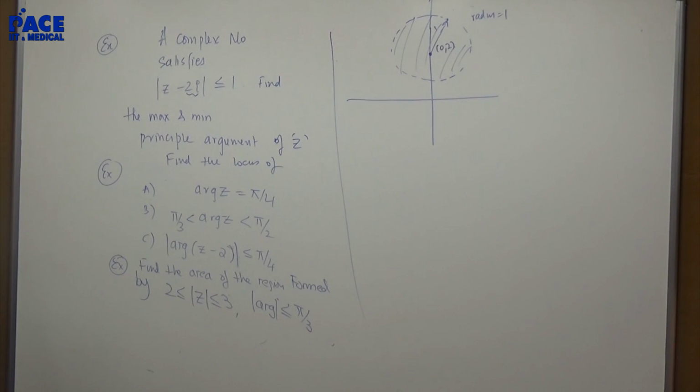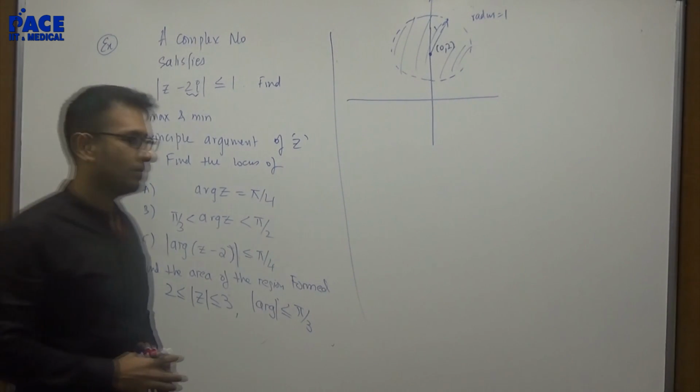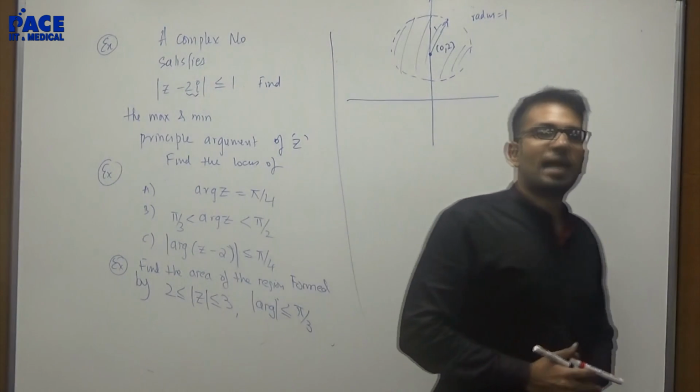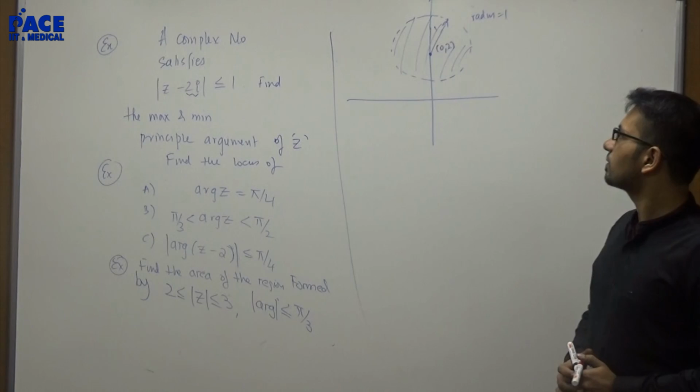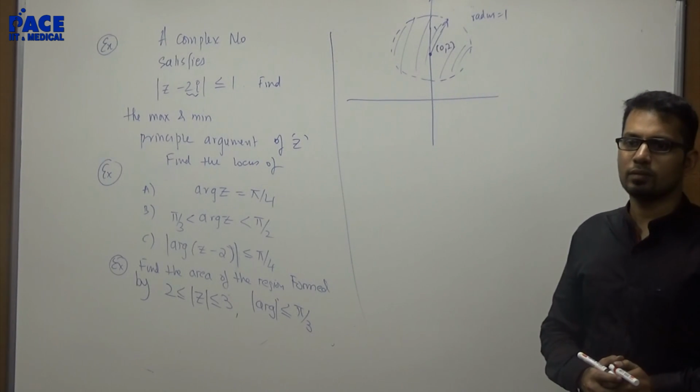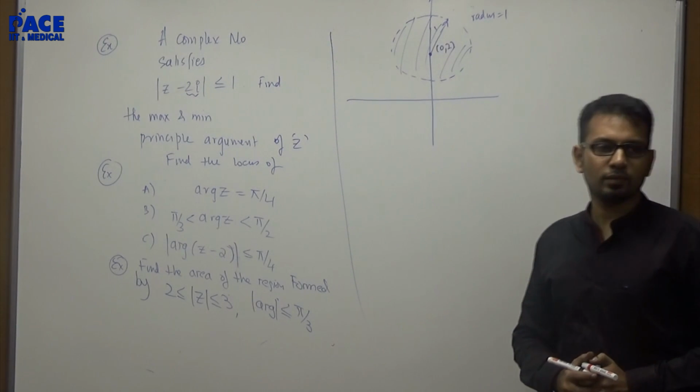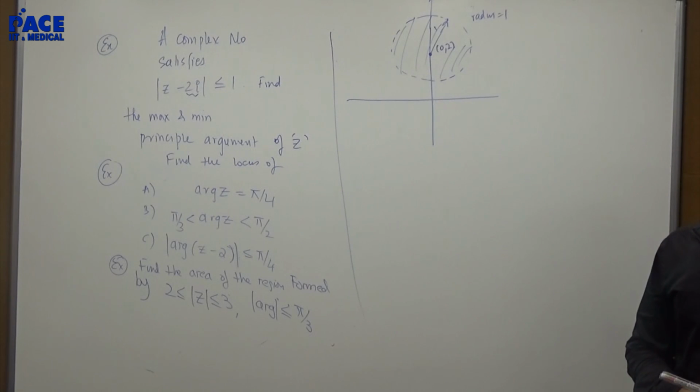Sir, minimum pi by 3, maximum 5 pi by 6. Maximum is not 5 pi by 6. Maximum is 2 pi by 6, minus 1. हाँ sir, 2 pi by 5 minus 1.